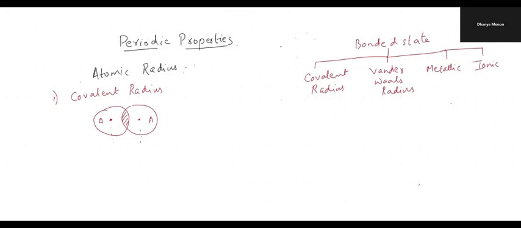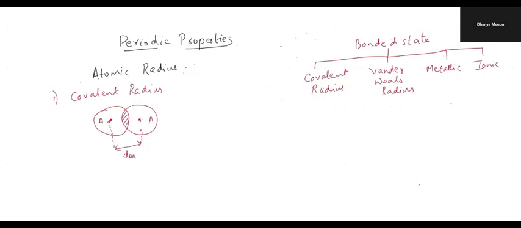So this is the nucleus of the first atom A, and this is the nucleus of the second atom A. This is 1/2 of the distance between the nuclei of two covalently bonded atoms. This distance is d_AA.